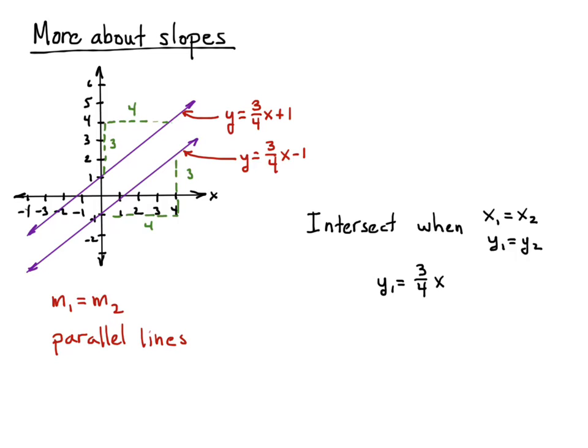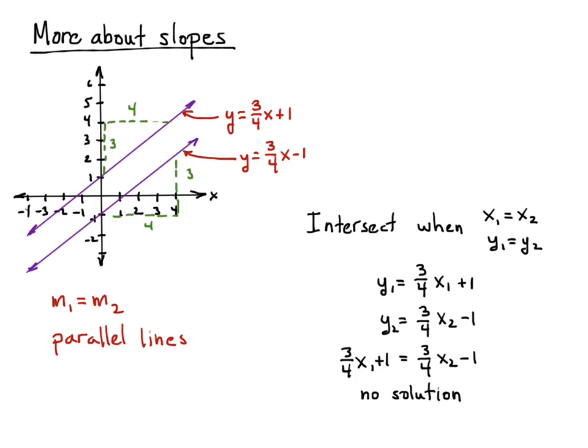So if I make this y1 and x1 for the first equation, y2 and x2 for the second equation, if the two y's are equal to each other, I can set these two equations equal to each other, and I'm going to expect that I get some solution of x that will tell me where the point of intersection is. But if I subtract 3/4 x from both sides, I get 1 equals -1. So there's an analytic proof that says there is no point of intersection. If you have the same slope with different intercepts, there's no way that you're ever going to intersect.